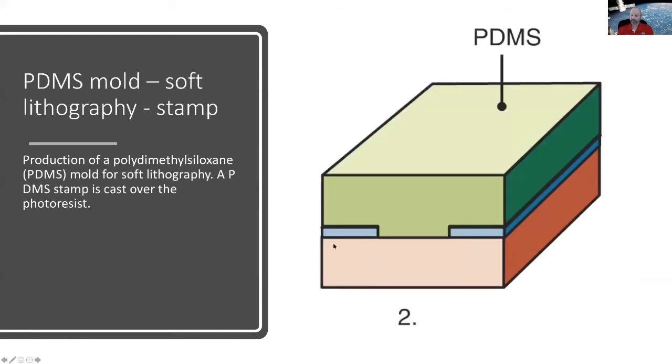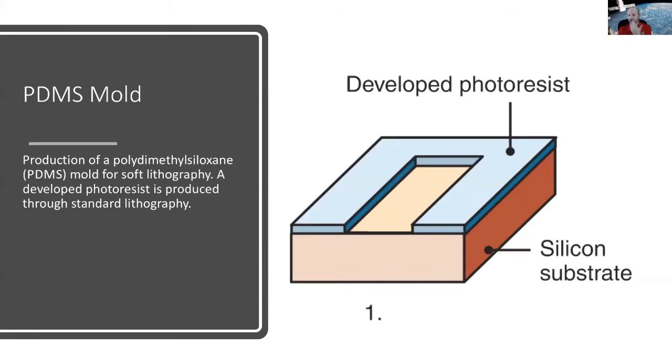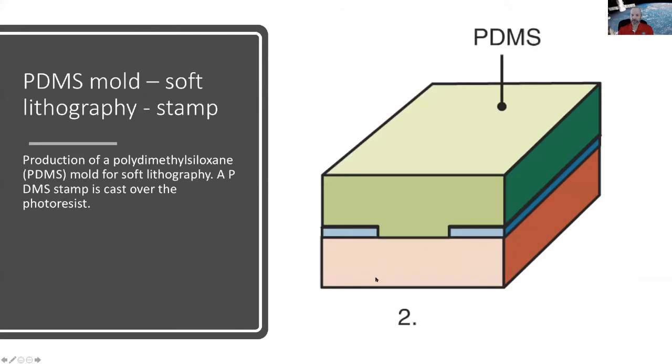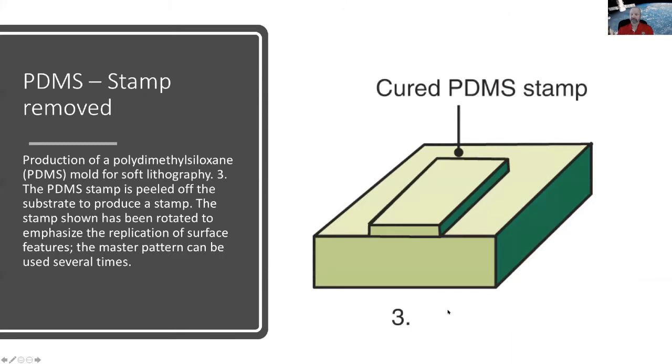So the previous slide showed a patterned photoresist that's going to act as a mold, and then they use PDMS. They coat the wafer with PDMS, and then they take the PDMS off, and they have a cured PDMS stamp. And these stamps are used to push in a pattern into a softer material.